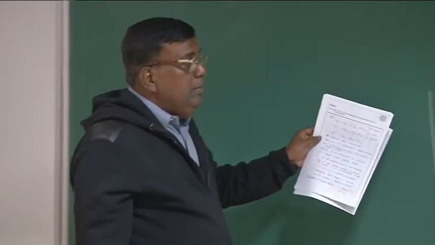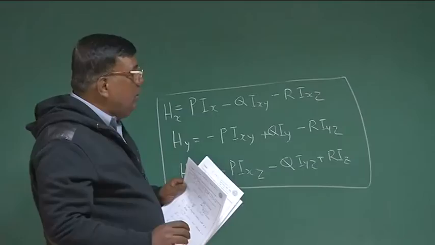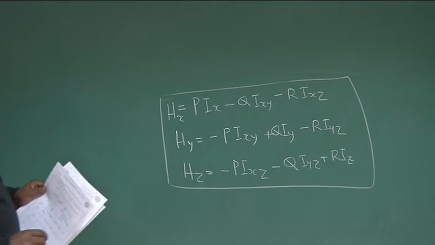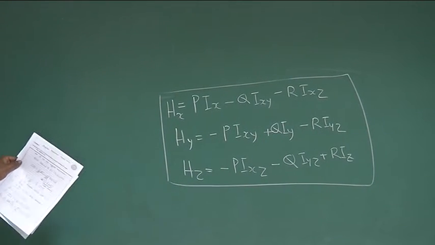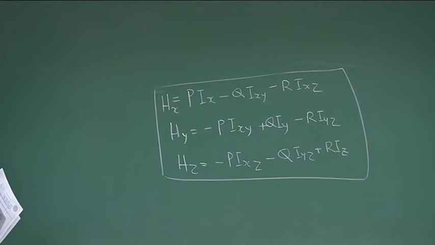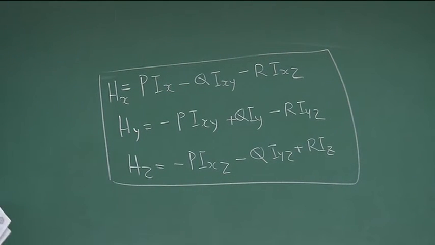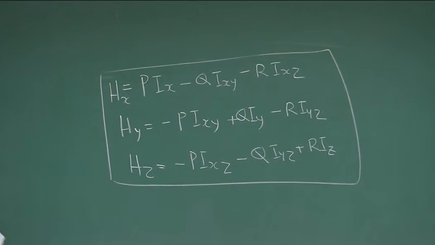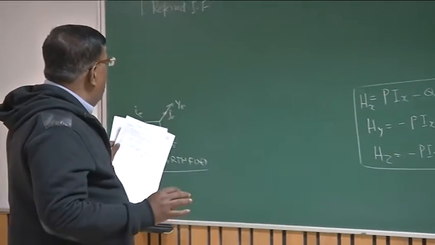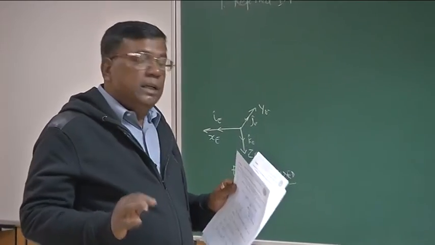And how did you develop this equation? That is also important. We are trying to go back and see how these expressions were obtained. Hx, Hy, Hz are the components of angular momentum along the inertial frame, which is earth fixed, and the unit vectors are iE, jE and kE, right?